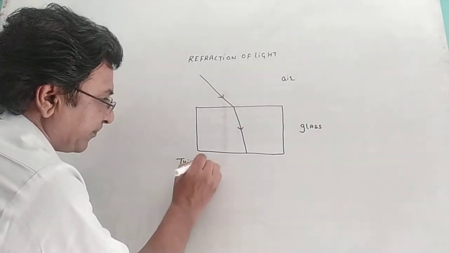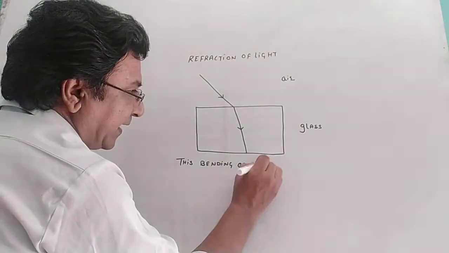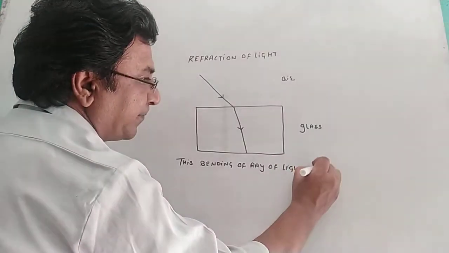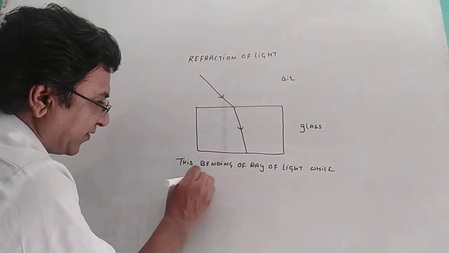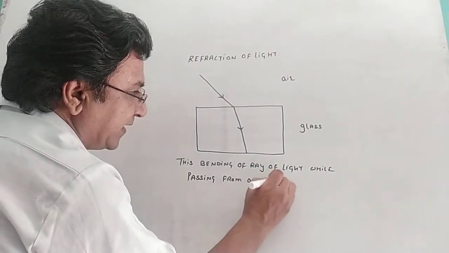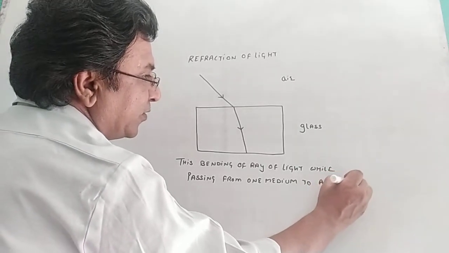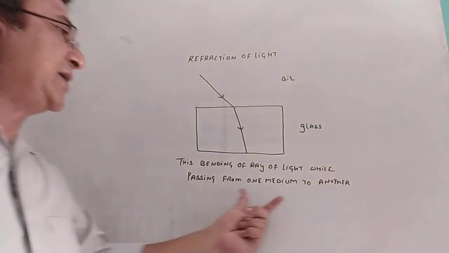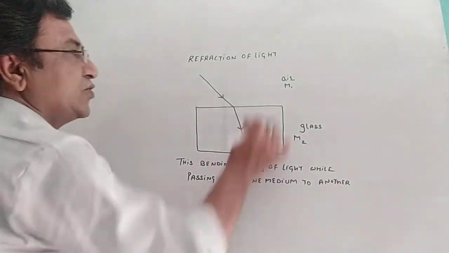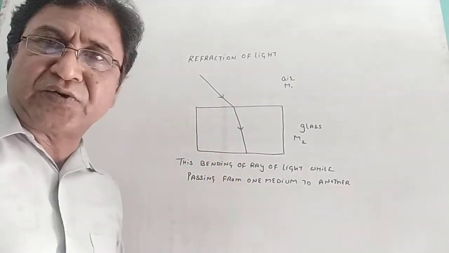This bending of ray of light while passing from one medium to another, you can call this medium M1, this medium M2. So when the ray is passing from one medium to another, it gets bent. This bending of ray of light is called refraction.